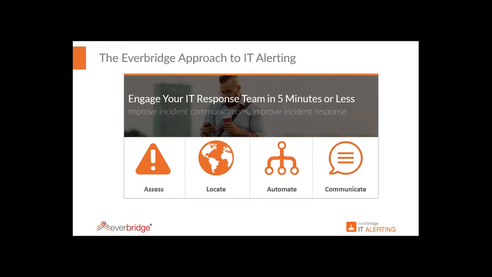From this, the system will automatically, through automation, send predefined messages to the right people in a timely manner. And last but not least, it provides communication and collaboration tools so that the investigation process and remediation process go much faster.